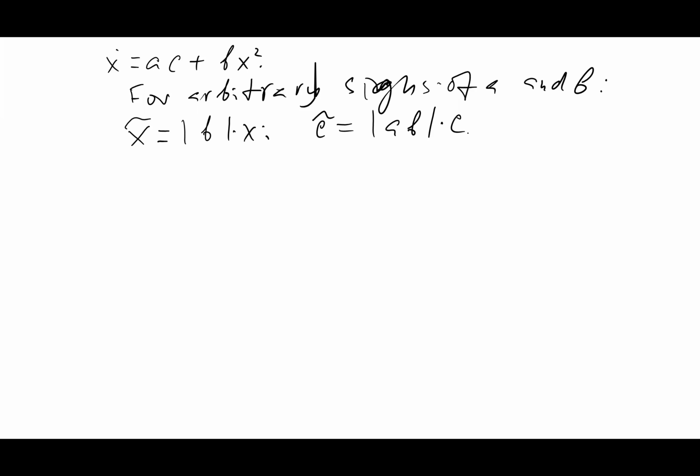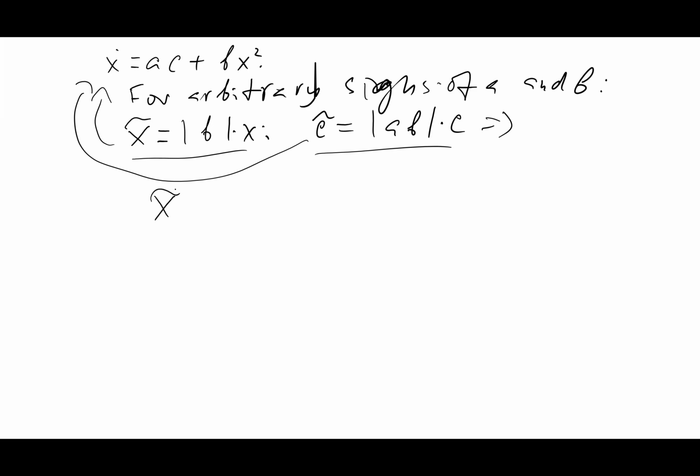So again, when c is increasing, c tilde is increasing, when c is decreasing, c tilde is decreasing, and the same is correct about x. And now when we substitute, what we get is x tilde dot equals a over absolute value of a times c tilde plus b over absolute value of b times x tilde squared.